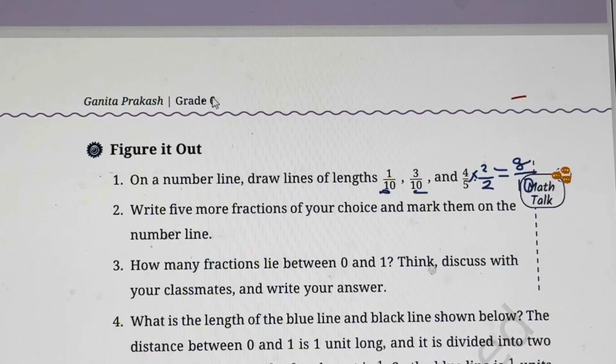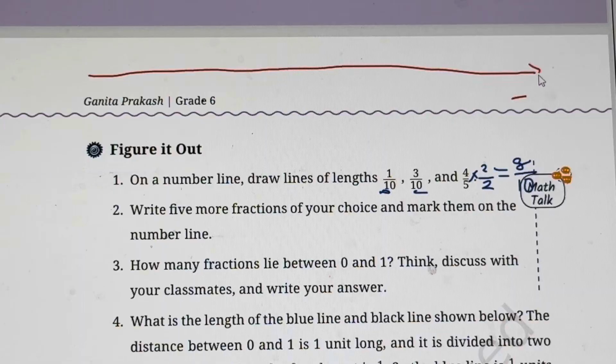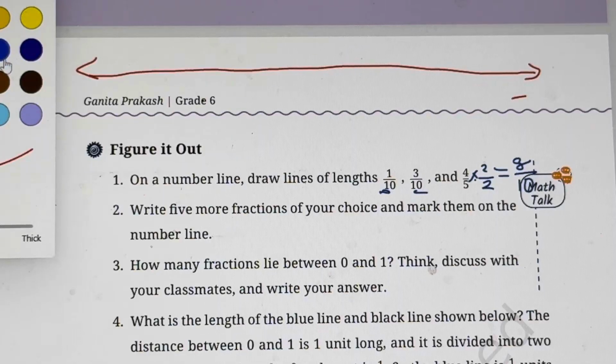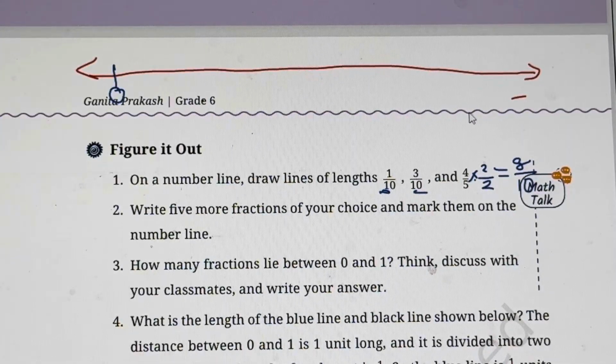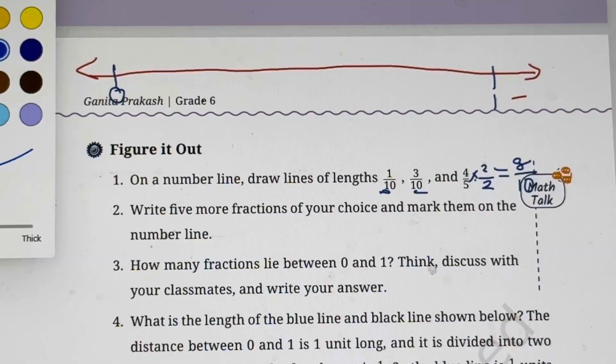So you can draw a number line divided into 10 parts. Now as I told you earlier, how many lines will you draw between 0 and 1? So this is suppose 0 and this is 1. You use a scale, I'm just showing you roughly. So between 0 and 1, how many lines will you draw?